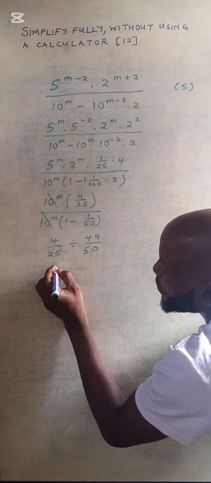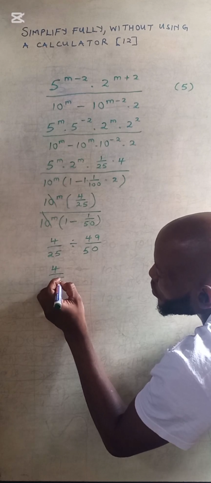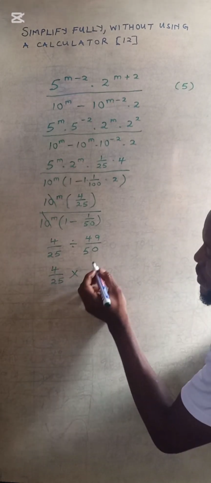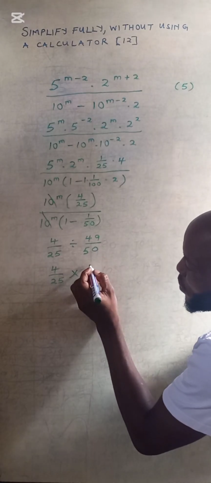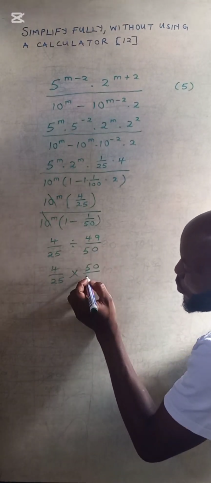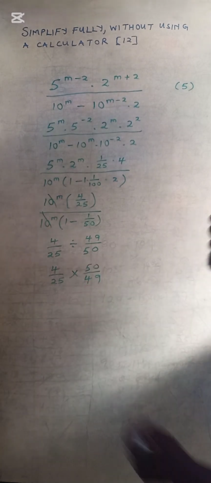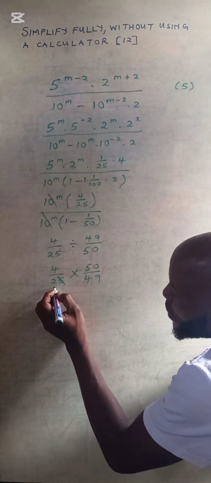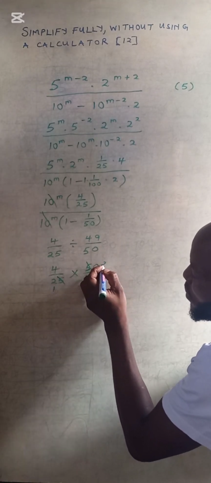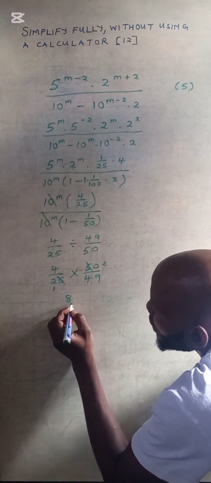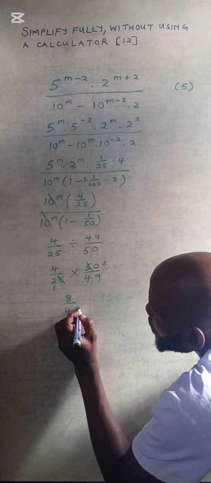Okay, multiplicative inverse: if we change division into multiplication, the numerator 50 was the denominator, it becomes the numerator, and the numerator becomes the denominator, right? 25 goes once here, and then it goes twice here. So this is the same as 2 times 4 is 8, which is 8 over 49.